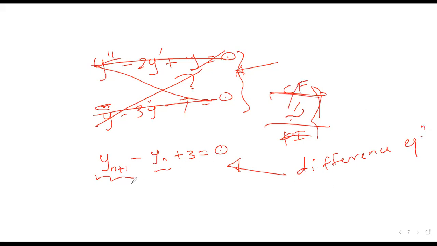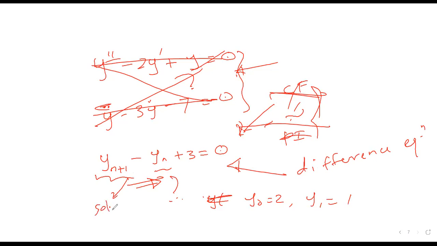This kind of equation can also be solved by a similar method. Not the same, but a similar method. It also has some initial conditions. For example, y naught is equal to 2, y1 is equal to 1, then solve this. Here also we can have some order, some degree, solving processes and initial value problems.